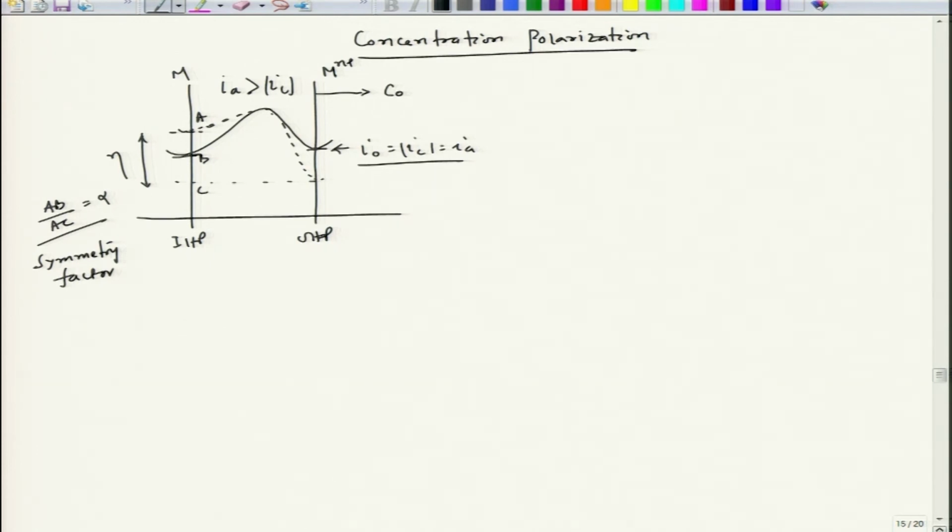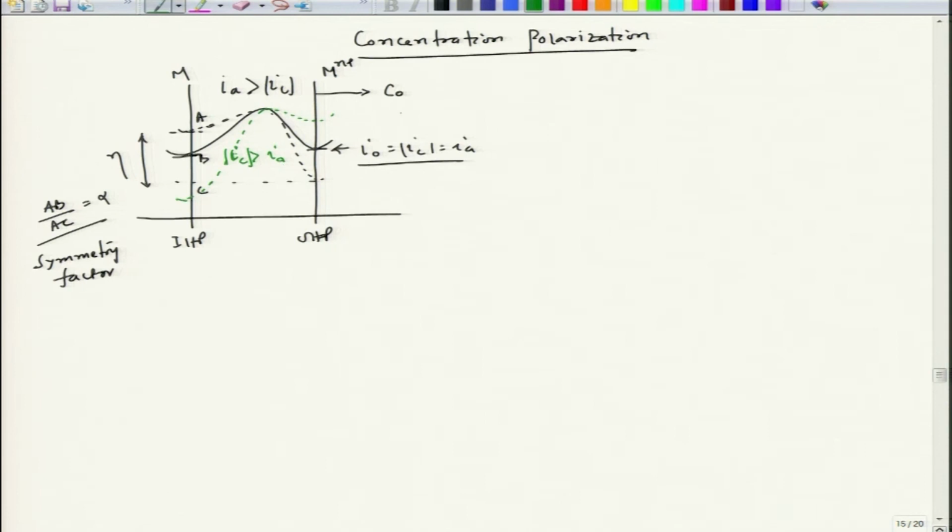Now, even if it is for IA and IC, if I do it for IC greater than IA, the plot will be like this, right. This is the green color for the situation IC greater than IA.